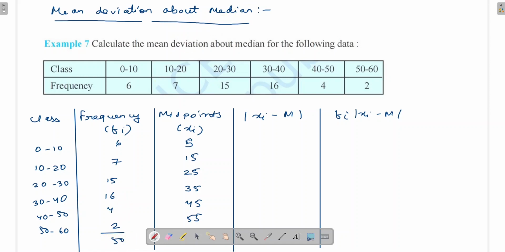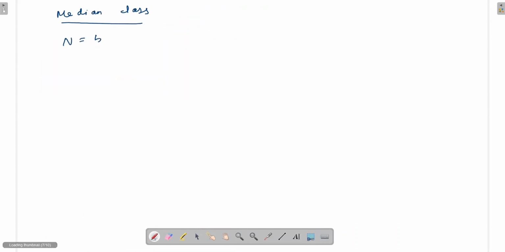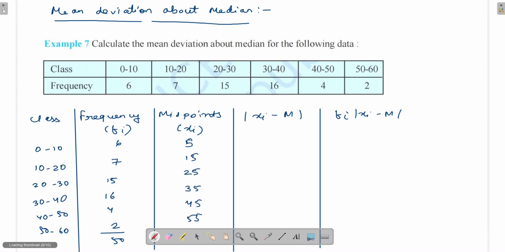So this capital N is equal to 50, right. Now, what we have to do is divide this by 2. So N by 2 we have to do, that is nothing but 50 divided by 2, that is nothing but 25. So the 25th value in the observation is the cumulative frequency that we have to take. Okay.